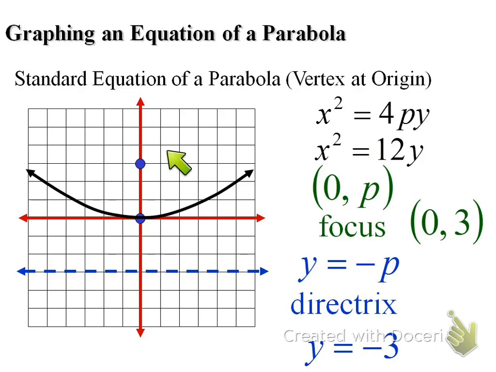If you made it real skinny, it would be a lot closer to this point than the directrix. If you made it too fat, it'd be too close to the directrix, not close enough to the focus. So just eyeball it where it needs to be the same distance from each. Any questions on that one?